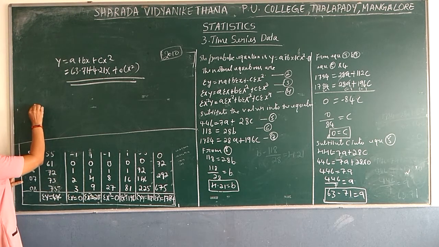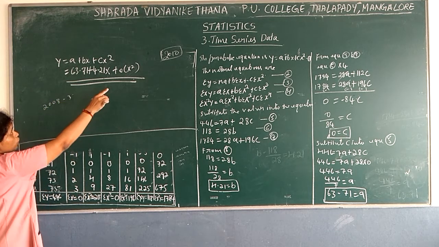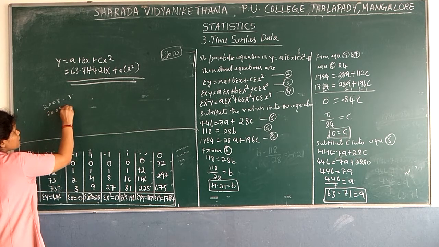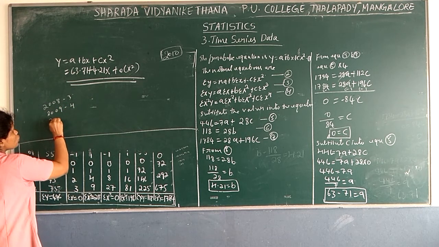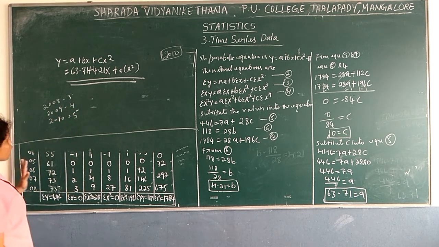Value of x for 2008 is 3. Then what would be the value of x for the year 2010? 2009 it is 4, 2010 it is 5.